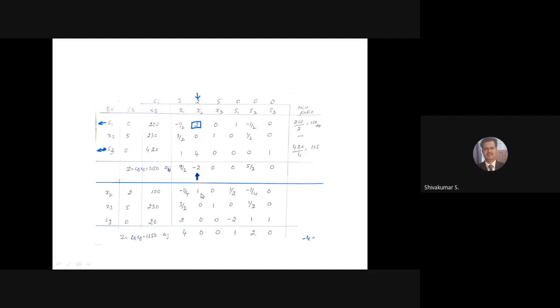So 1 into minus 4 plus 4, 0. Now minus 1 by 4 into minus 4 becomes plus 1. So this plus 1 becomes 2.